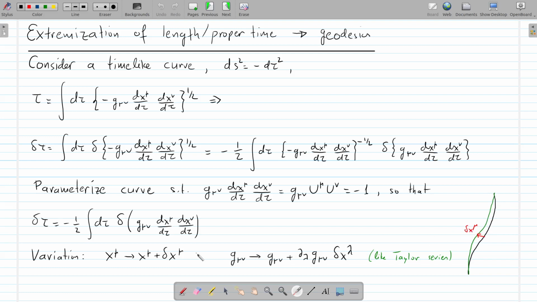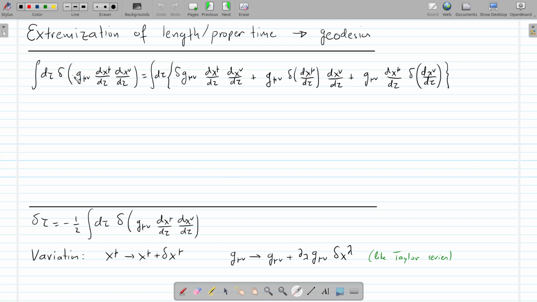Now, with this variation, the metric on the neighboring curve also changes, and if we consider infinitesimal variations and do a Taylor expansion, the components of the metric differ from the value of the components on the geodesic by this amount, which is linear in delta x lambda. We ignore all higher order terms.